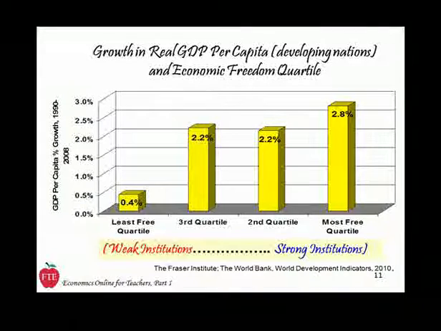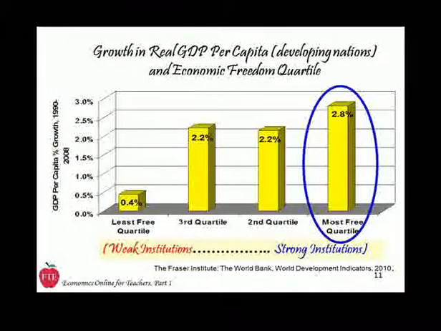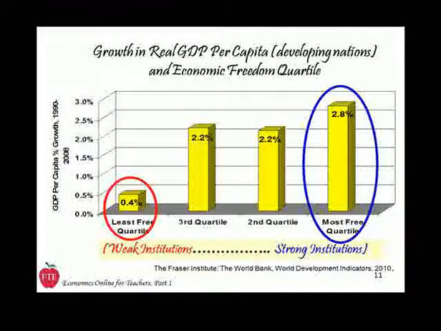Fraser calls the 25% of countries at the top of the list the most economically free. That's the yellow bar on the right. For our purposes, let's think of them as the countries with the strongest growth-promoting institutions. The bar on the left is the lowest 25% of countries, where those institutions are missing or weak. And the vertical axis measures economic growth.